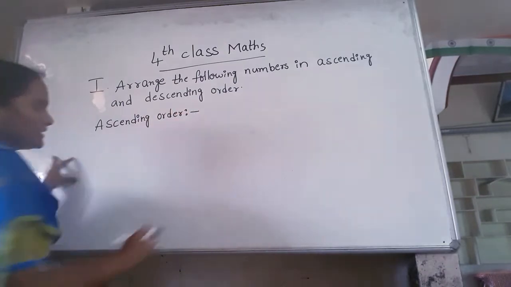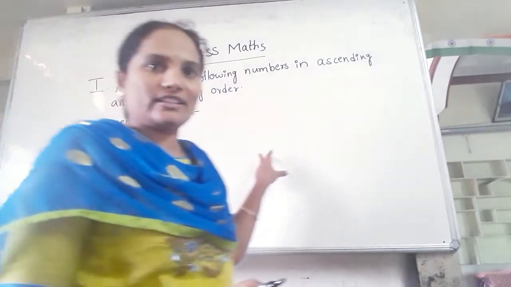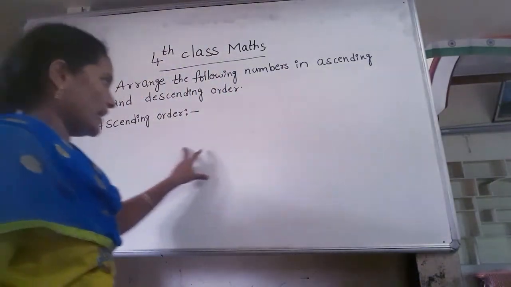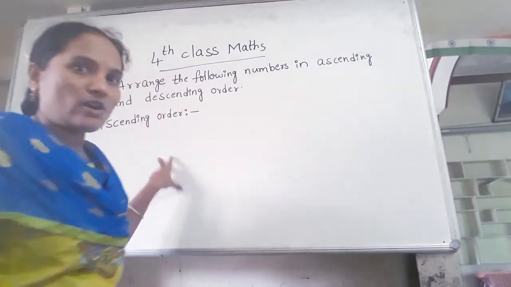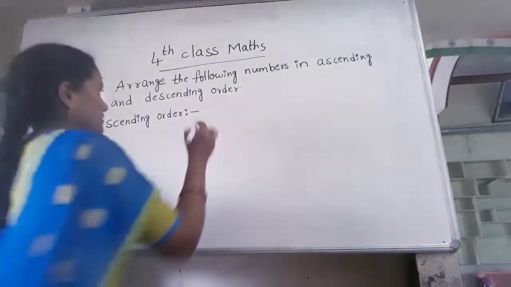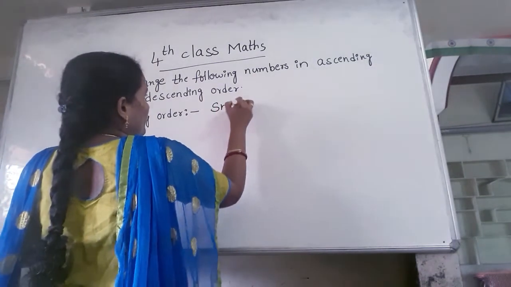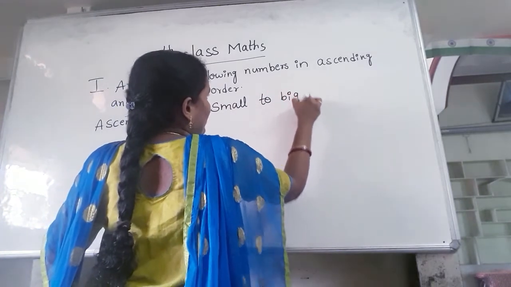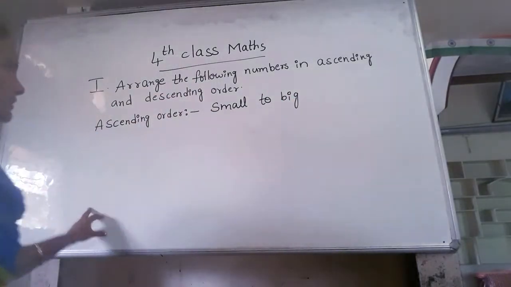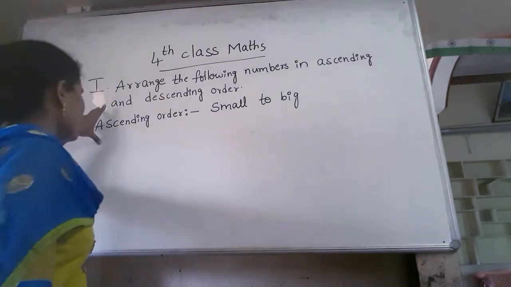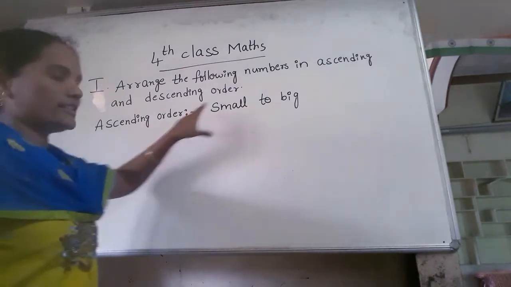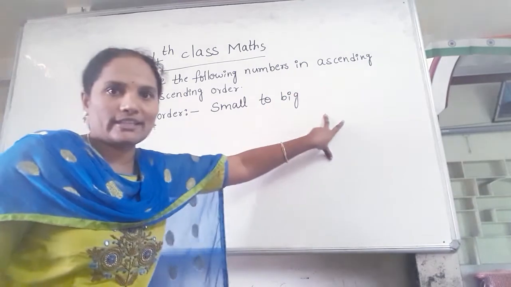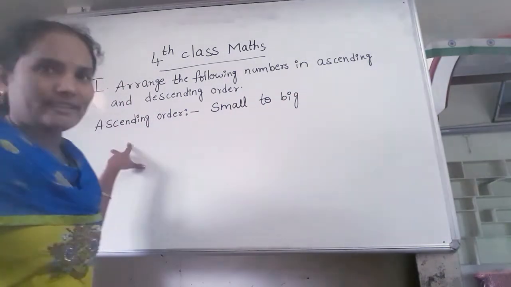In ascending order, the given numbers in a group, you should write first the smallest number to the biggest number, or small number to big number. This is called ascending order.